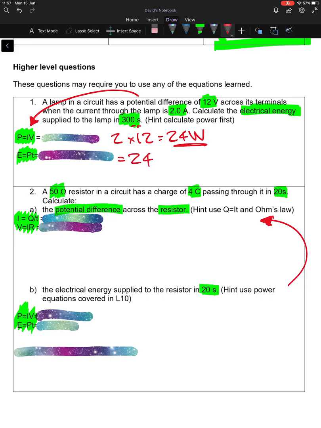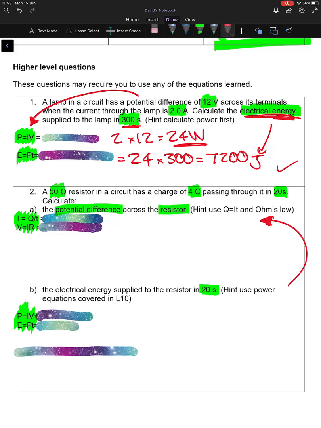E equals P times T, so we've now got a power, 24, and what's our time? It's 300, so P times T, 24 times 300, gives us 7,200. Now, energy, what is energy measured in? Energy is measured in joules. So, correct any work you got wrong, or just make sure you've got the notes in there as required.